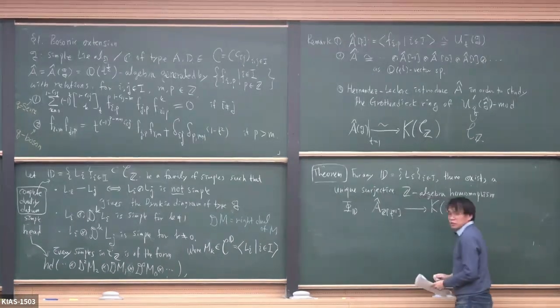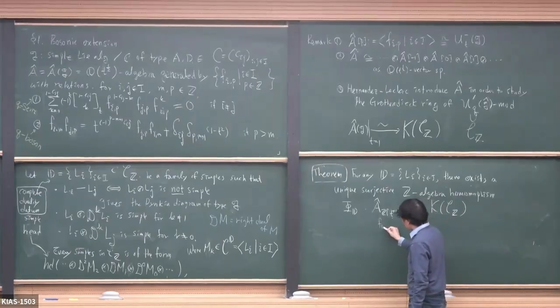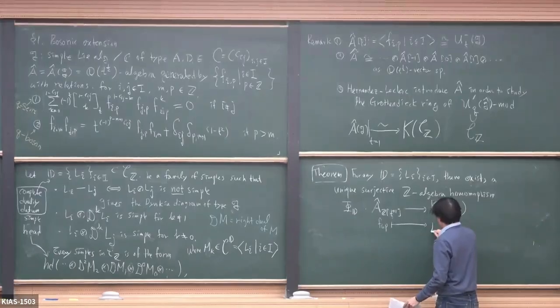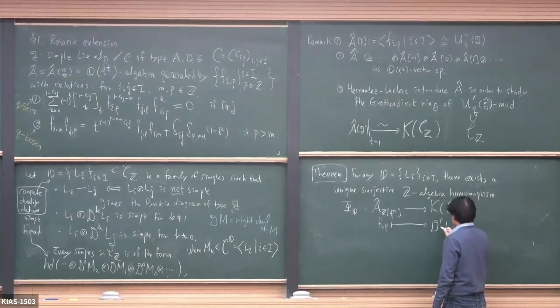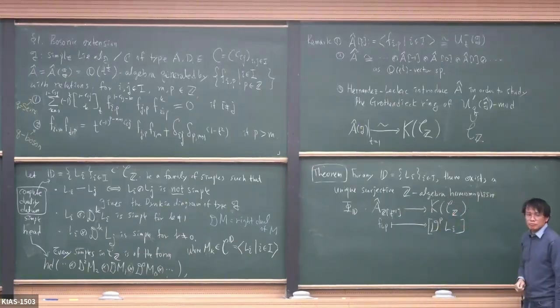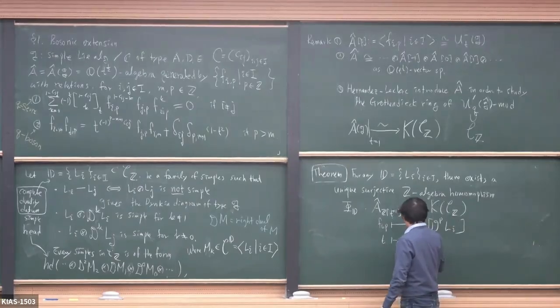of another category, which sends the generator F_{i,p} to the right dual of L_i, and t goes to 1.